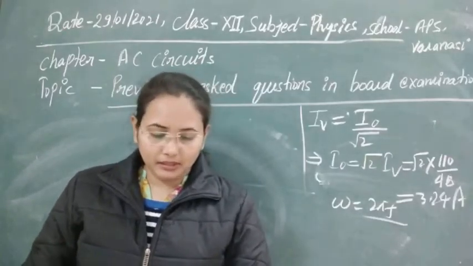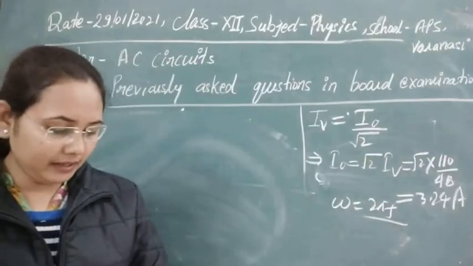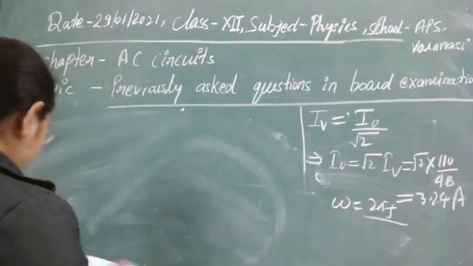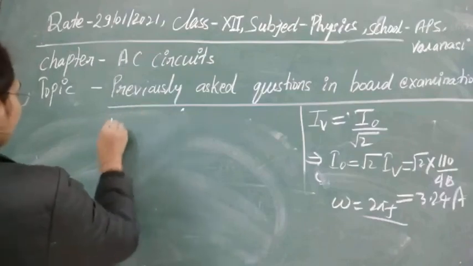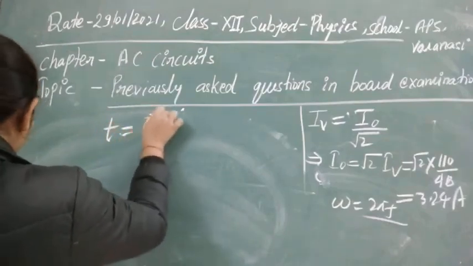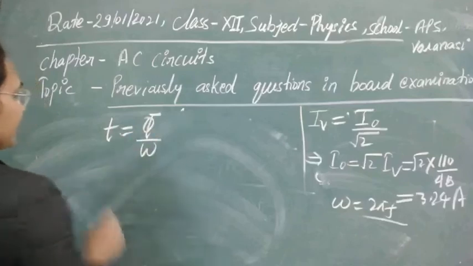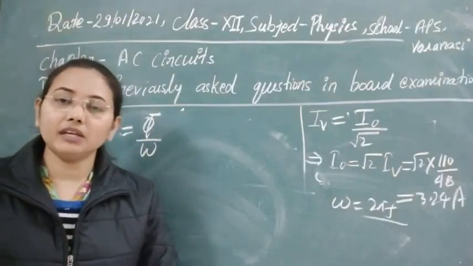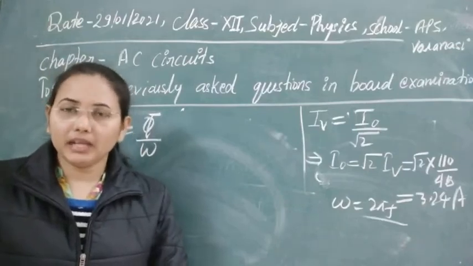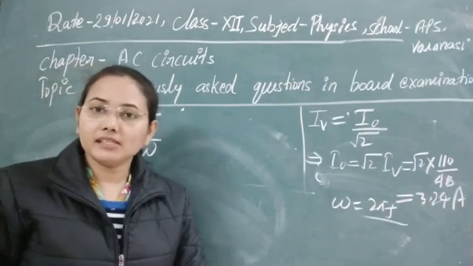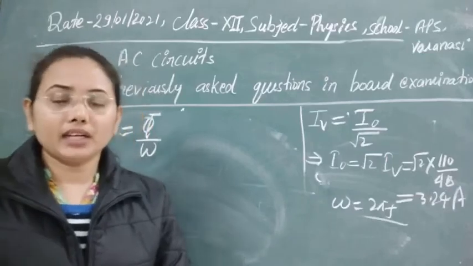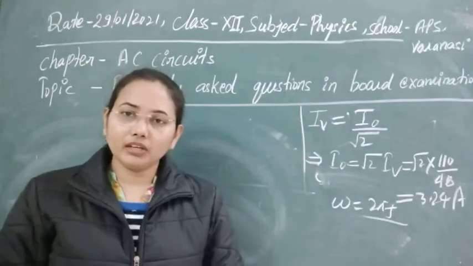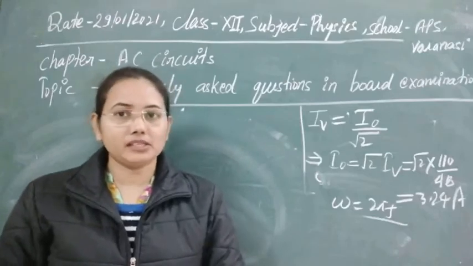The time lag is defined by phi by omega. Simple. Here phi is the phase between voltage and current, and omega is the angular frequency. With that, we can easily find the time lag between voltage and current.